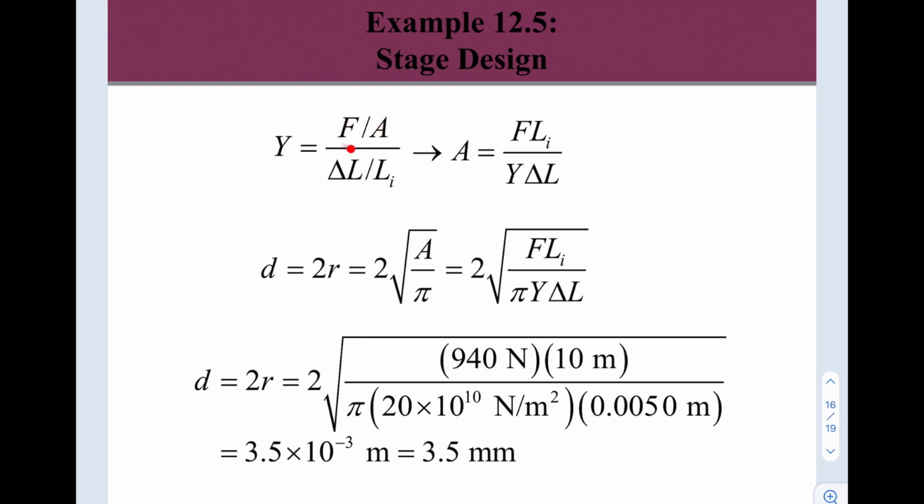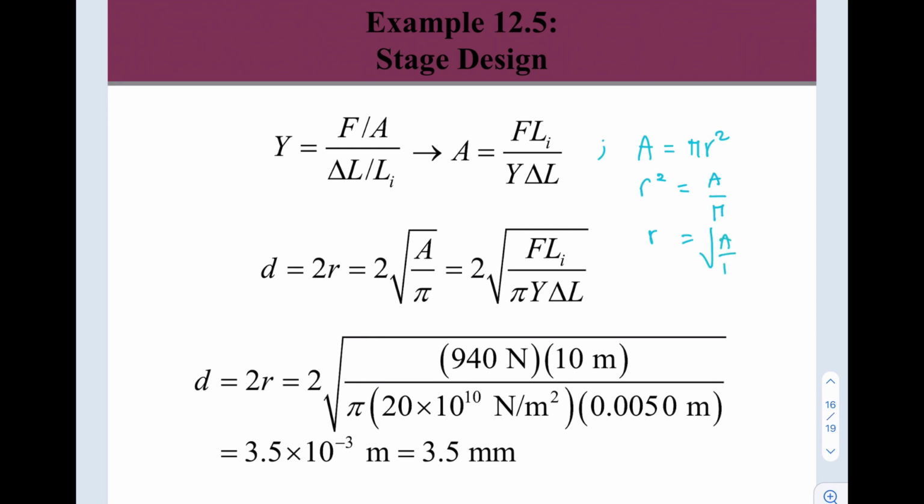So we are going to rearrange this equation so that our interest is the A. In A, we have the R, pi R squared, right? So we know that we want to have the D. The D is 2 times the radius of the cross section for the steel cable, and our R is equivalent to the square root of A over pi. This is coming from A being equivalent to pi R squared.